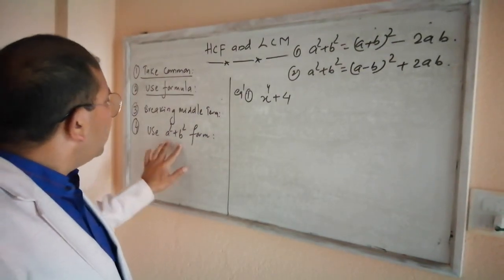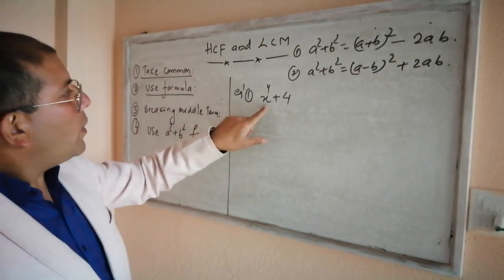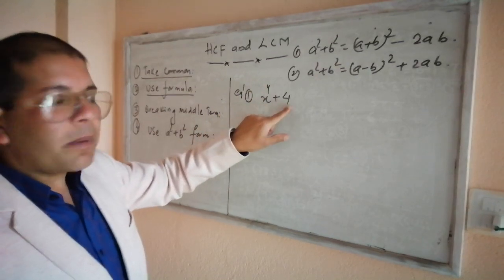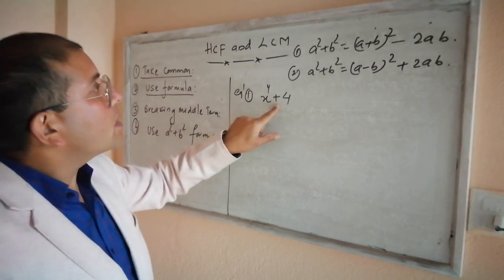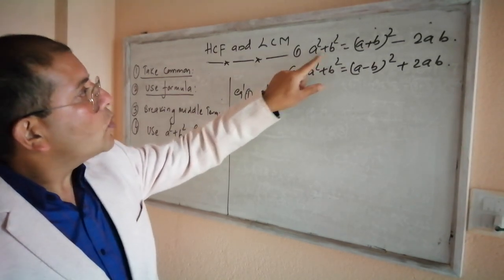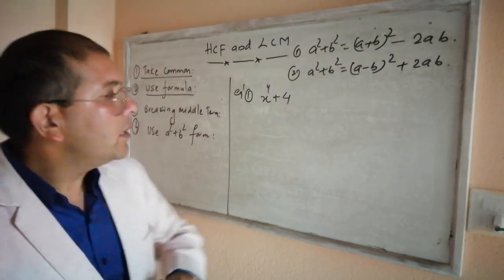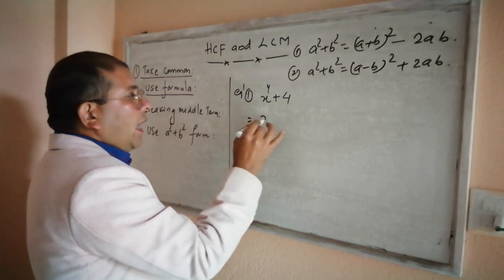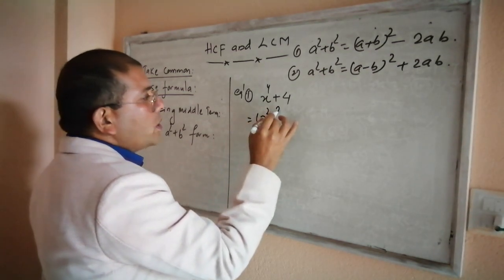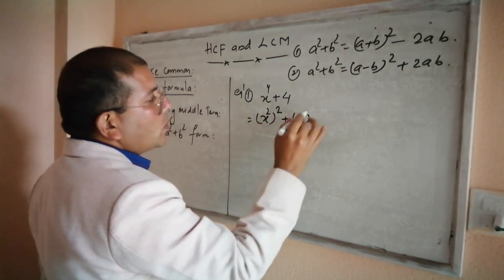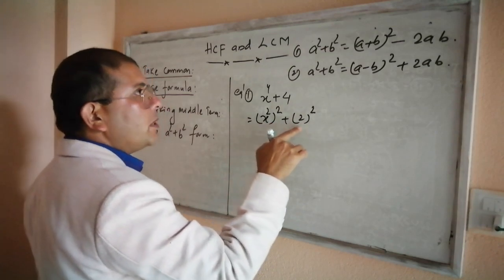And the last one is use a square plus b square form. Now, if this is in this form, check: first is a perfect square, second is also a perfect square, and in between there is a plus sign. So we have this form. Now we can use it like this. It is x square whole square plus 2 whole square. It is in the form of a square plus b square.